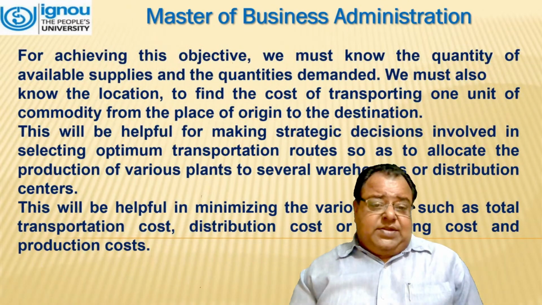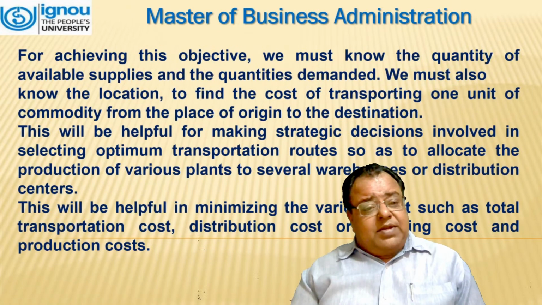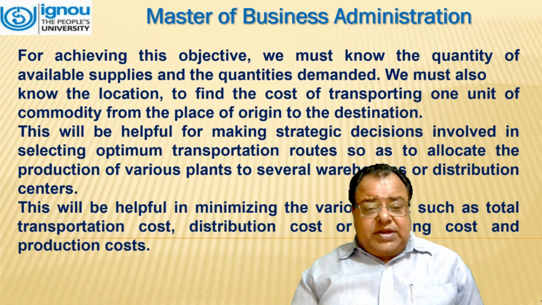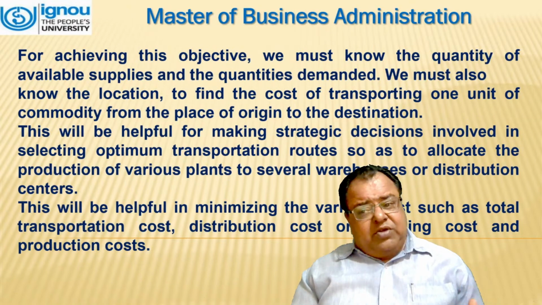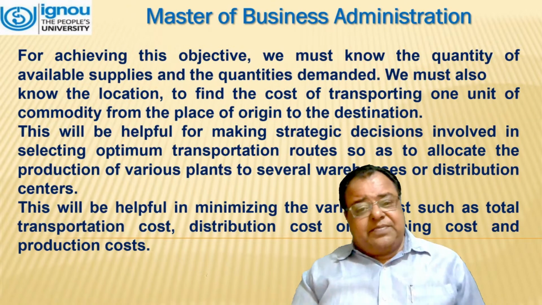For achieving this objective, we must know the quantity of available supplies and the quantities demanded. We must also know the location to find the cost of transportation of 1 unit of commodity from the place of origin to the destination.